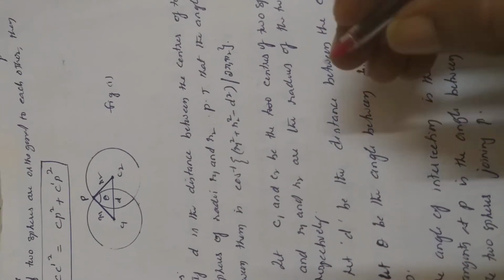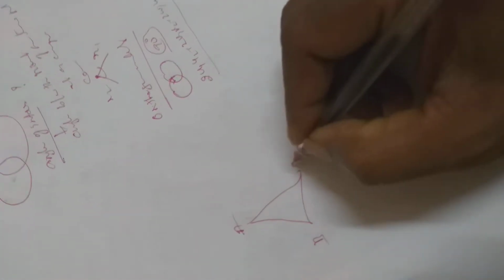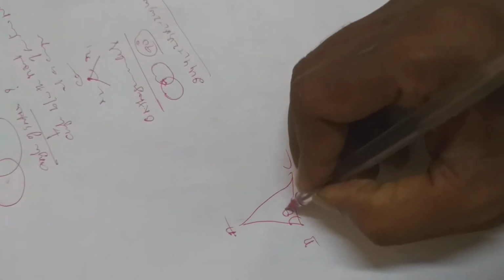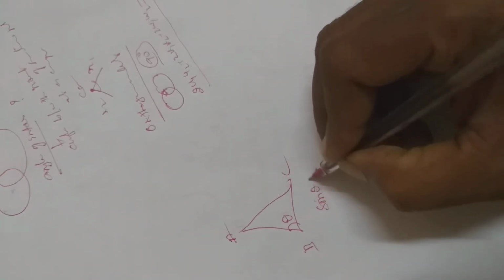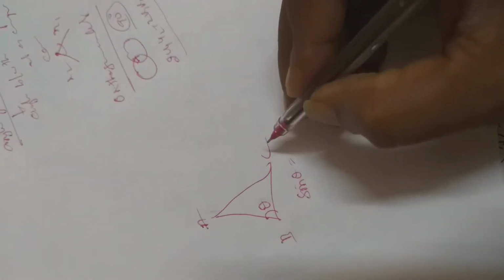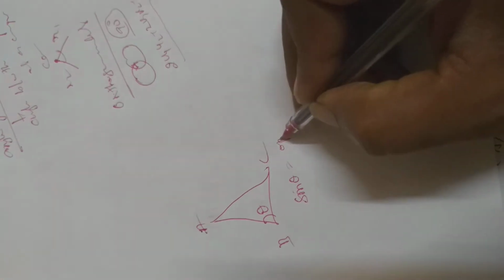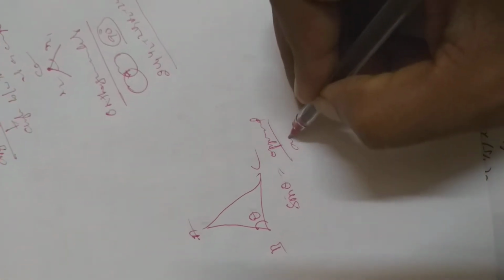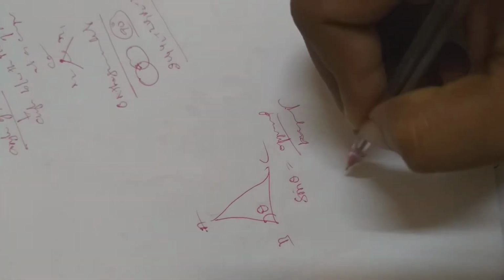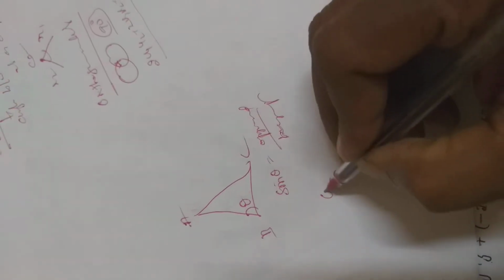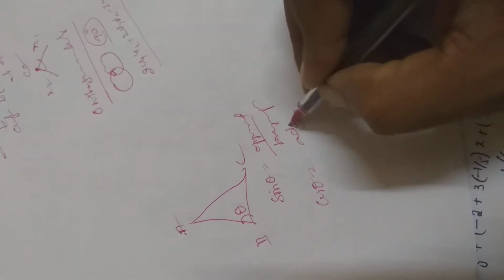Right? You know what is, if a right angle triangle is given to you, suppose say this is a right angle triangle ABC. Suppose this is theta, then sine theta is equal to what? Sine theta is equal to opposite side by hypotenuse, right? Cos theta is equal to what?